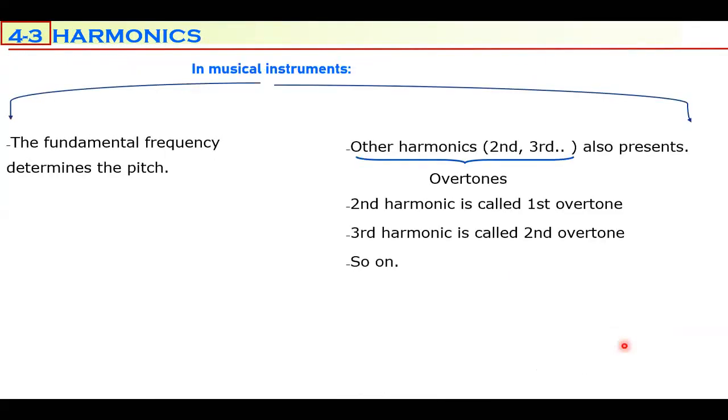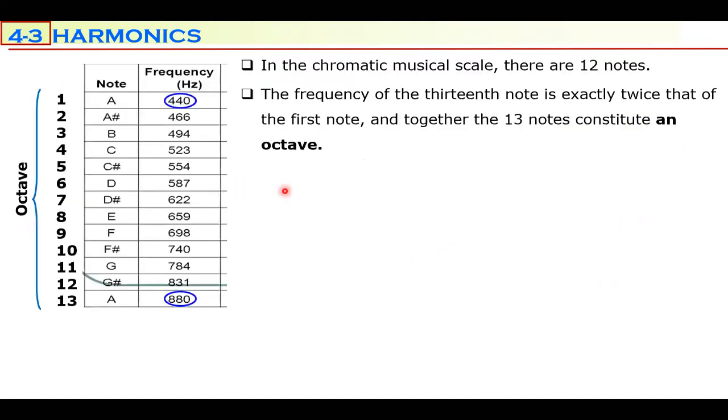In musical instruments, mostly the fundamental frequency determines the pitch. And there are other harmonics also available, second harmonic, third harmonic, fourth, and so on. Those harmonics are called overtones. For example, the second harmonic is called the first overtone, the third harmonic the second overtone, the fourth is going to be called the third overtone, and so on. In a scale, there are 12 notes. The frequency of the 13th note is exactly twice that of the first note.